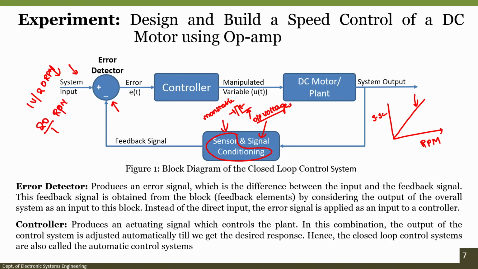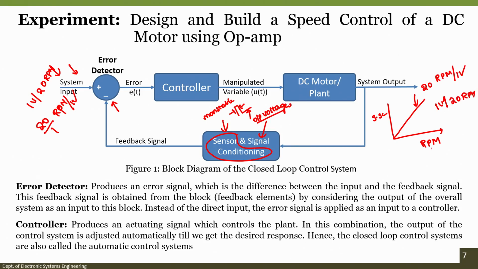This is the sensitivity factor or the mapping factor that we have considered for this particular system. So, whatever output we get from the sensor signal conditioning circuit should also maintain 20 RPM per volt, or 1 volt per 20 RPM.